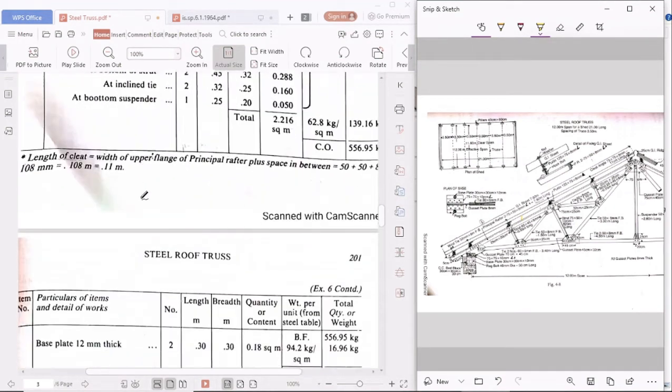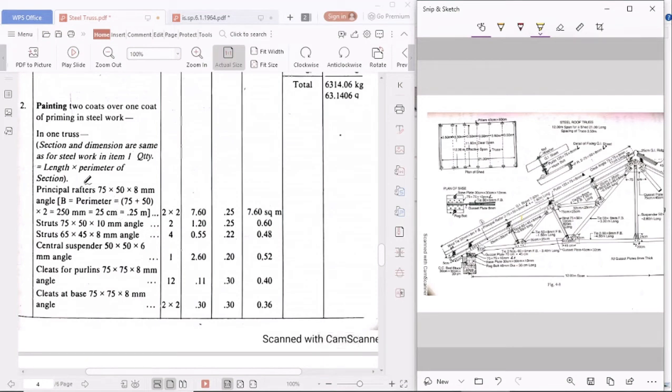Now the quantity for paint work is length into perimeter of the section. The length we already calculated in the steel work section. Now we have to find the perimeter. How to find the perimeter?